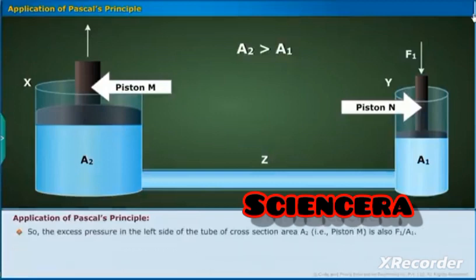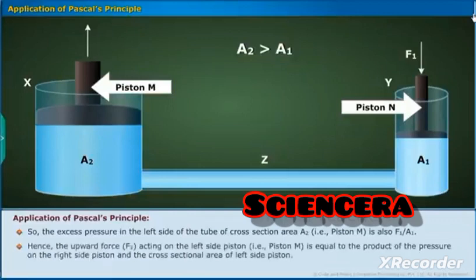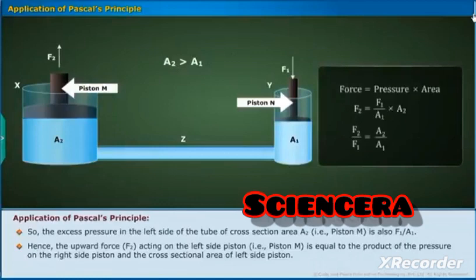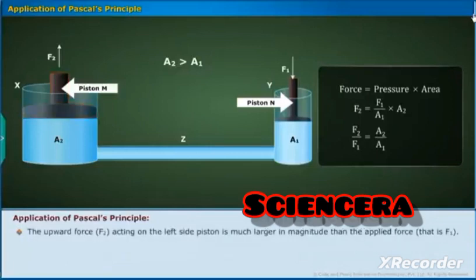So, the excess pressure on the left side of the tube of cross-section area A2, that is piston M, is also F1 by A1. Hence, the upward force F2 acting on the left side piston, that is piston M, is equal to the product of the pressure on the right side piston and the cross-sectional area of the left side piston. The upward force F2 acting on the left side piston is much larger in magnitude than the applied force, that is F1.